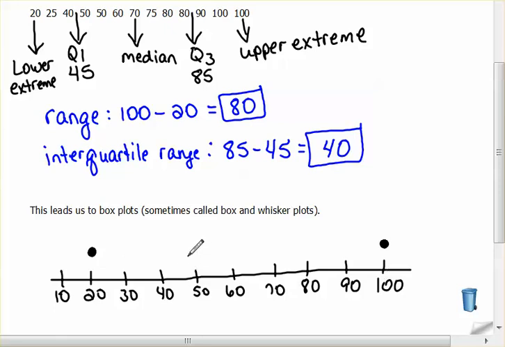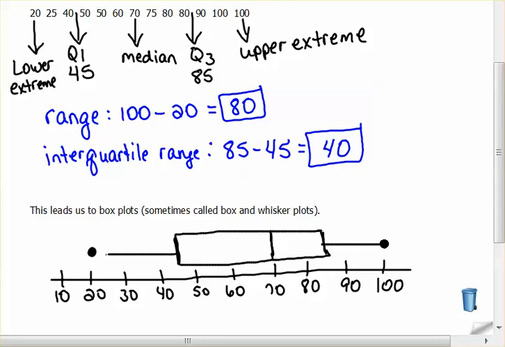So if I look at the median, we knew that was a 70. I'm going to put a line there. And then quartile 1, that was at 45, so I'm going to draw a line there. And quartile 3 was at 85, so I'm going to draw a line there. And now we connect the lines to create a box and go out from the box to the lower and the upper extremes.